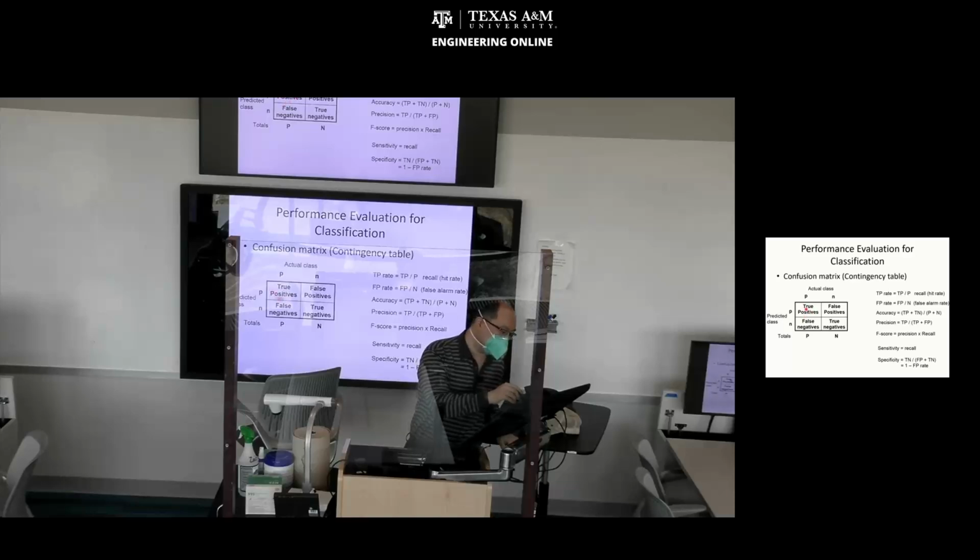So the true positives divided by everything that is actually positive. Out of everything that's positive, including the false positives that you made the wrong prediction on, what percentage is true positive? Okay, so that's the sensitivity, and this is the false alarm rate, the false positive rate. So accuracy is these diagonals, true positives plus true negatives divided by the total.